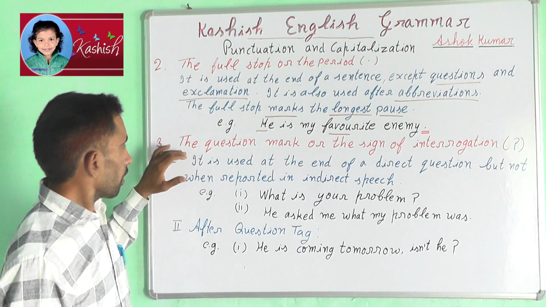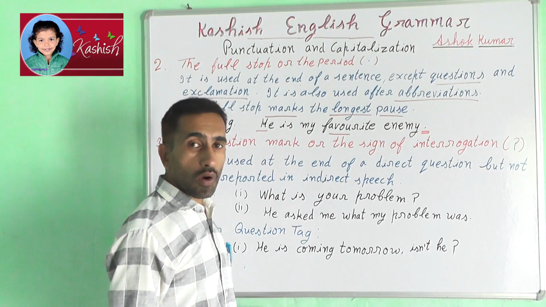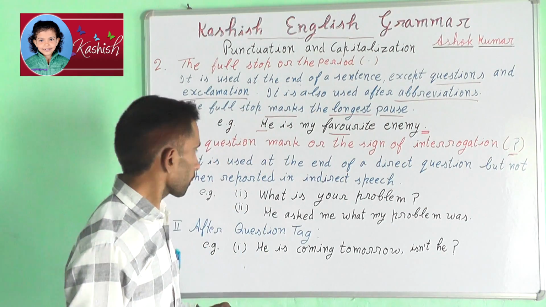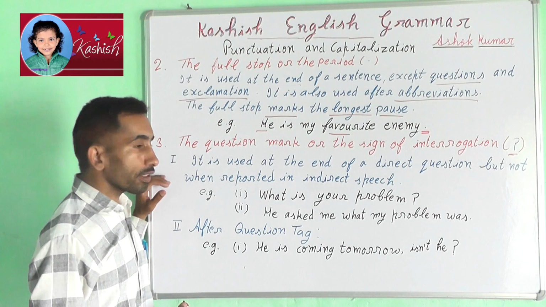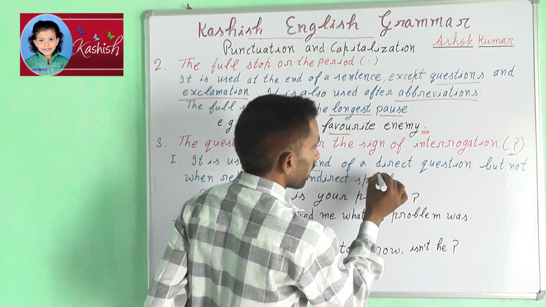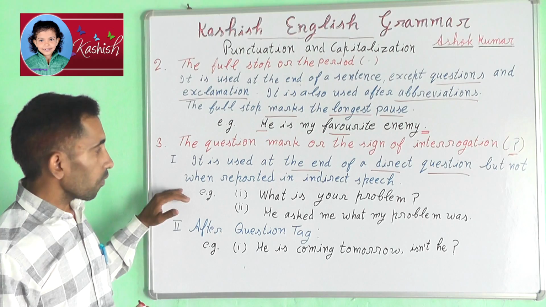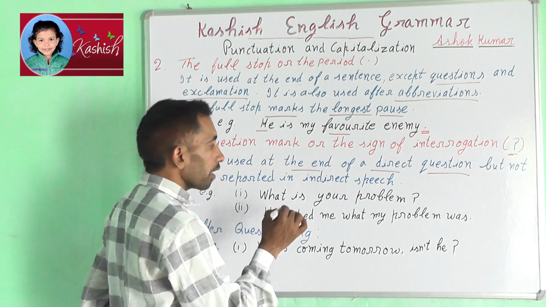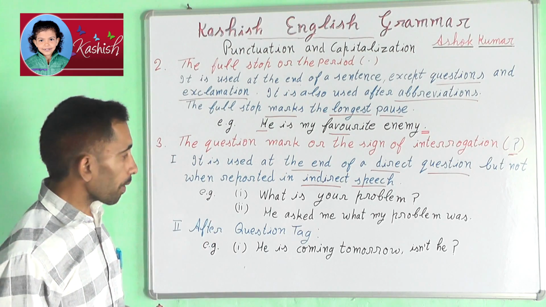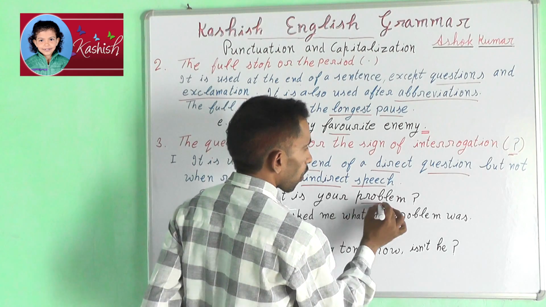Third, the question mark or the sign of interrogation. It is used at the end of a direct question, but not when reported in indirect speech. For example, what is your problem?